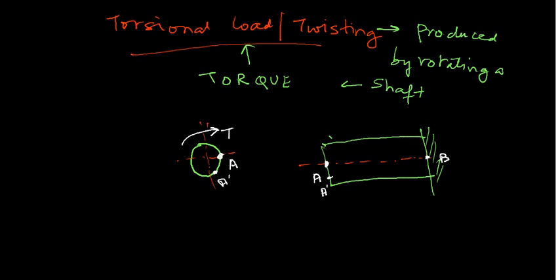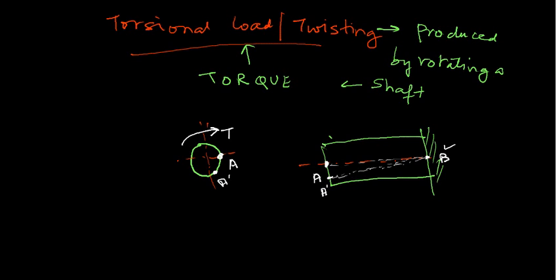But this point cannot move because this point is fixed. This means this fiber which is along the axis will become like this. So there will be some distortion produced in this shaft or the fiber of the shaft. This kind of loading is called twisting.